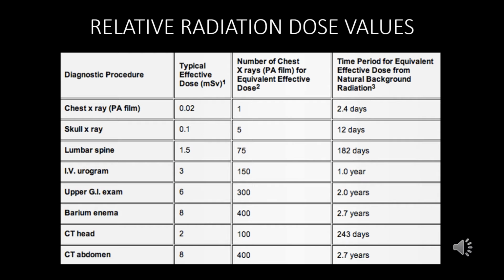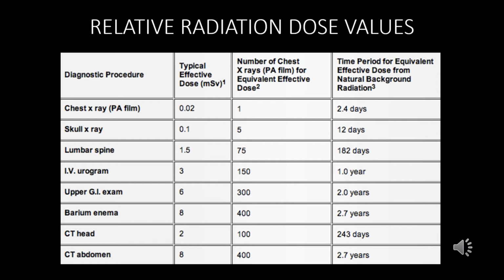If you look at a typical head CT, it has a typical effective dose of 2 millisieverts, which is 100 times more than a chest X-ray. And looking at a CT abdomen, which has a typical effective dose of 8 millisievert, which is equivalent to 400 chest X-ray exposures and is also equivalent to about 2.7 years of natural background radiation.